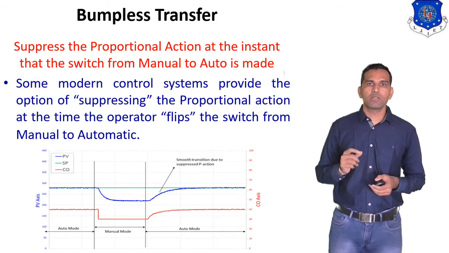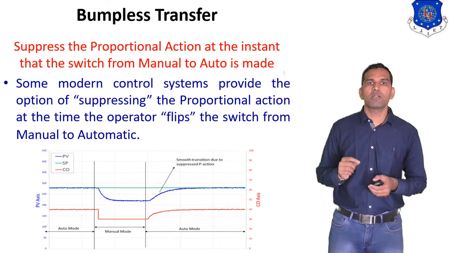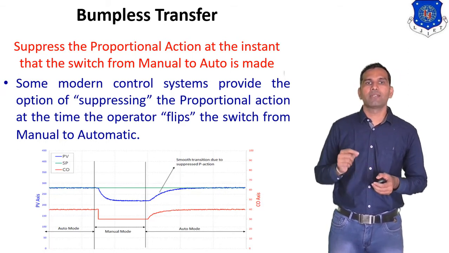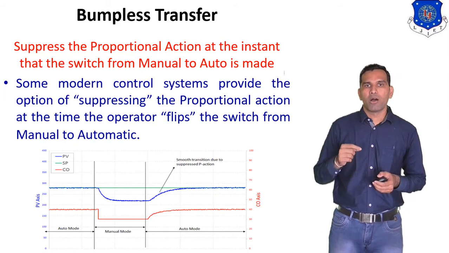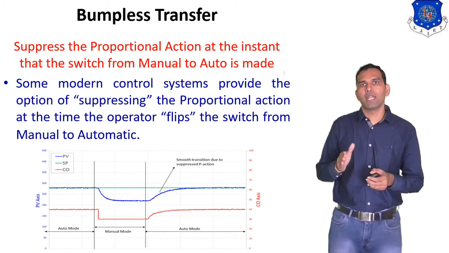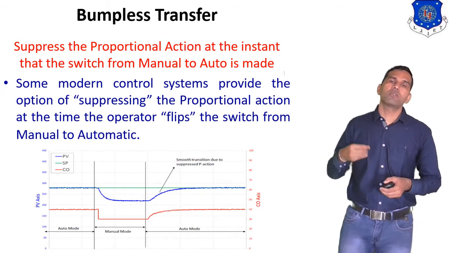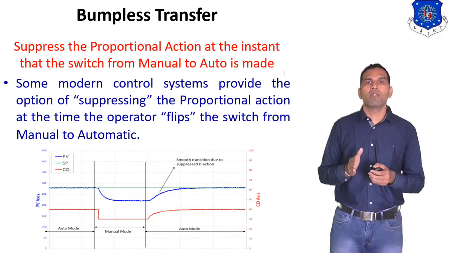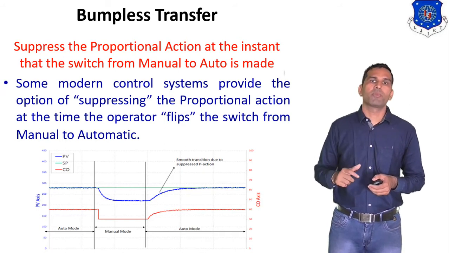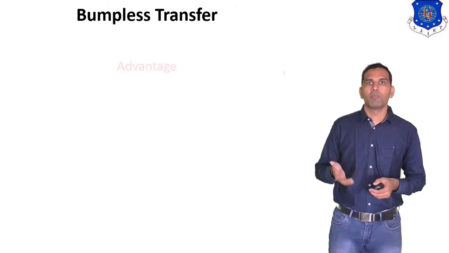Some modern control systems provide the option of suppressing the proportional action at the time the operator flips the switch from manual to auto. That means in modern control systems, the suppress option is available, so we can suppress the effect of the proportional action that creates the bump.